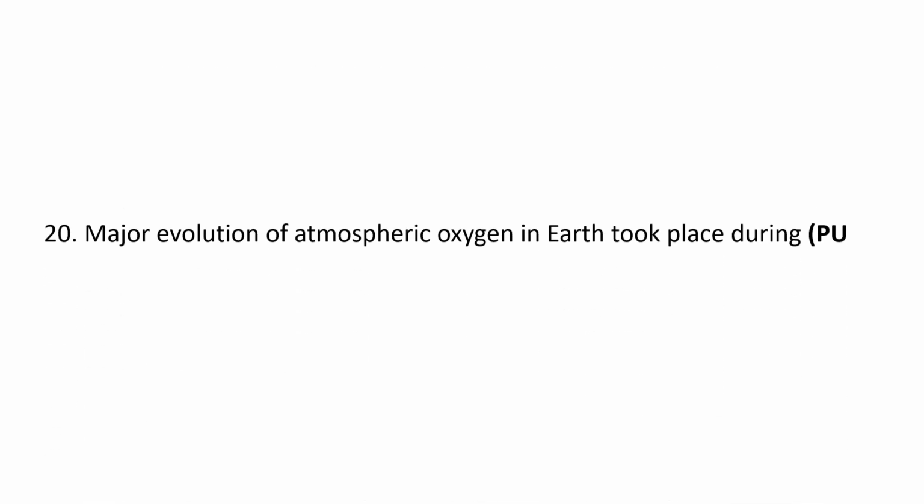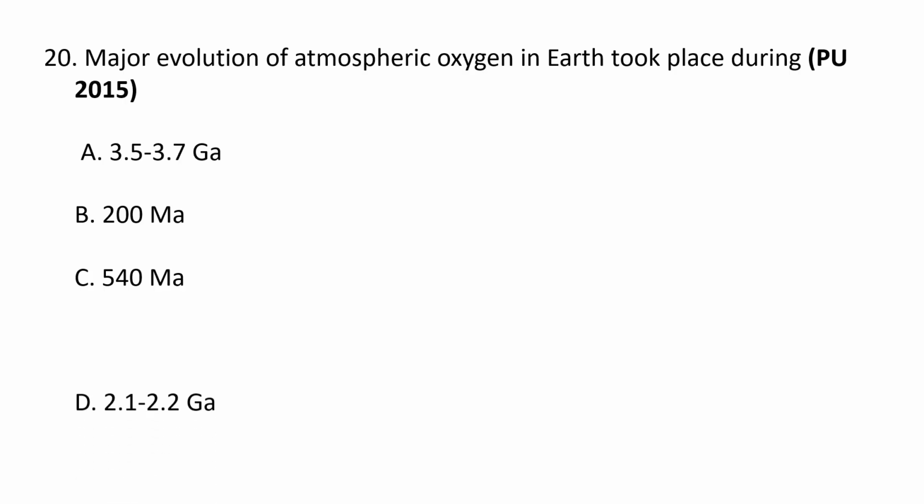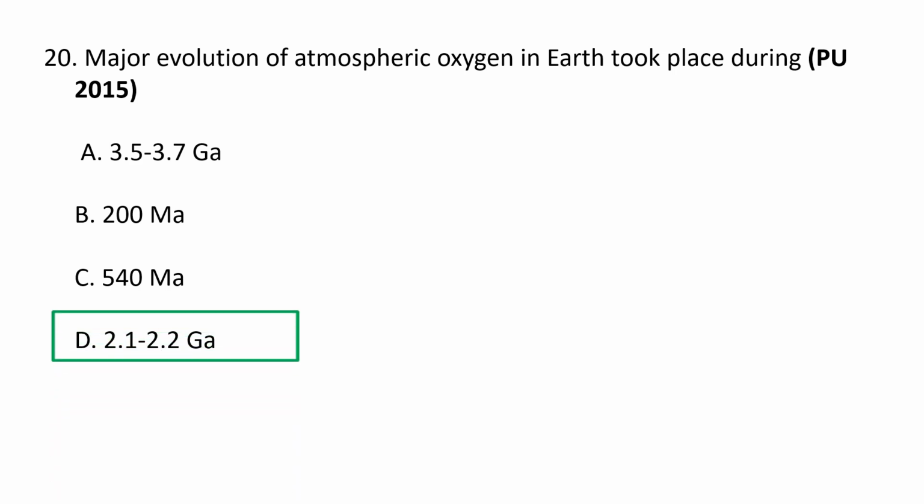Next question. Major evolution of atmospheric oxygen in the Earth took place during A. 3.5 to 3.7 gigaannum, B. 200 million years, and C. 540 MA, and D. 2.1 to 2.2 gigaannum. So the correct option is 2.1 to 2.2 gigaannum. The accumulated oxygen started escaping into the atmosphere where it reacted with methane.